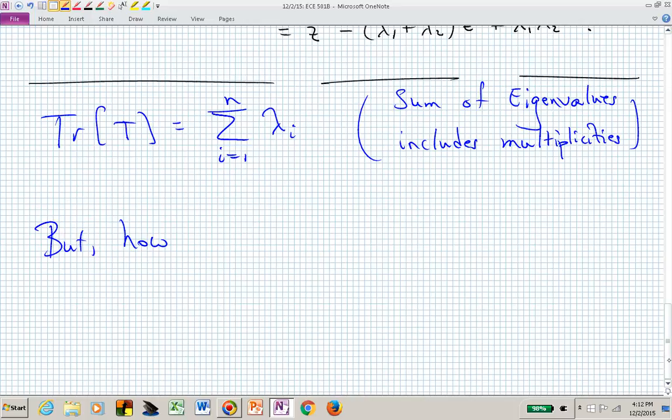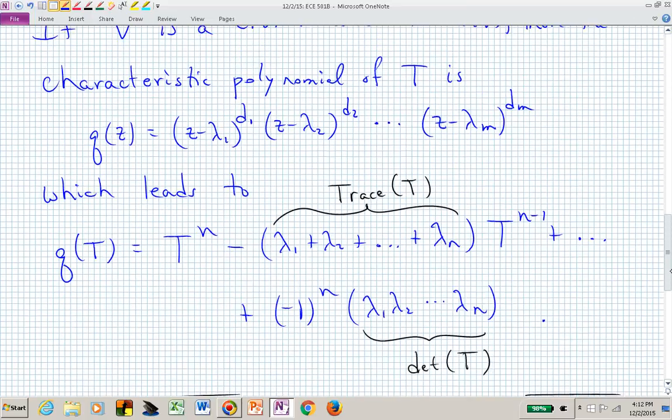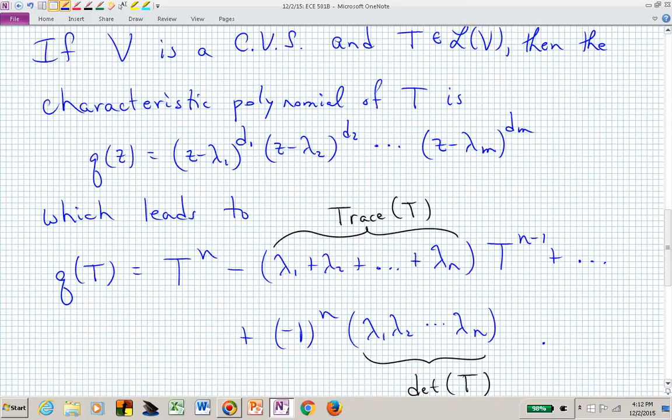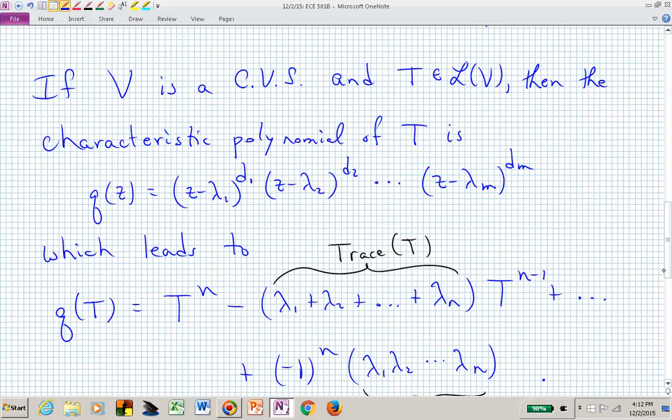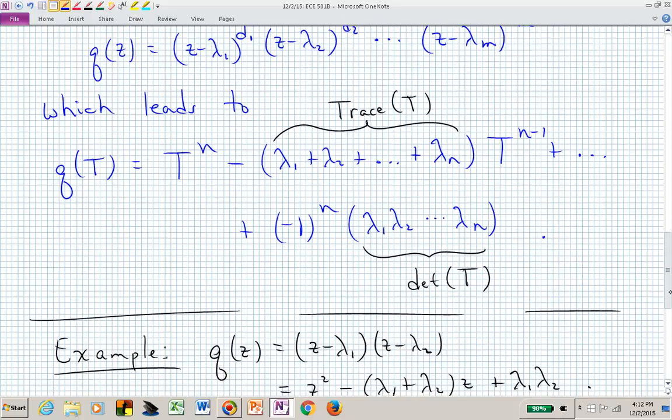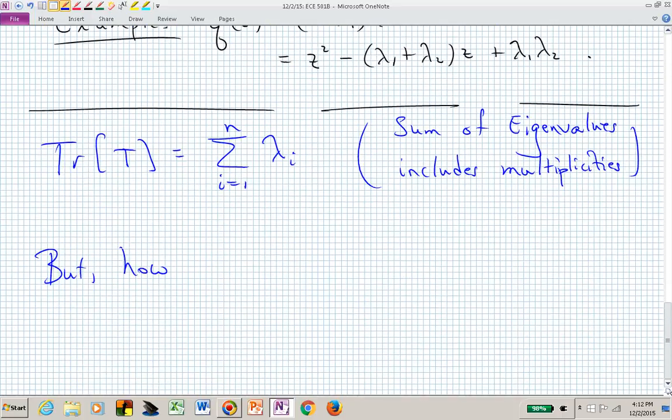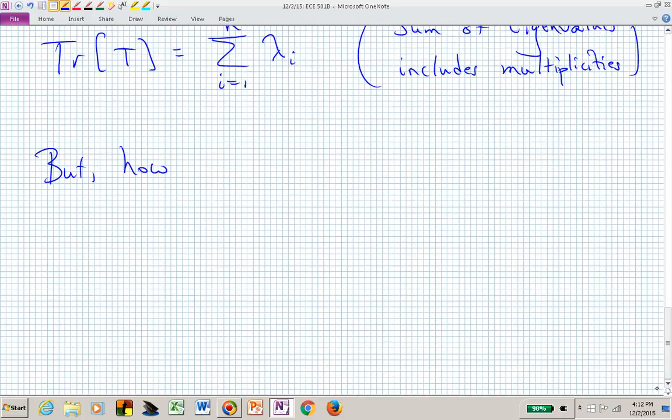Yes, so you could find the characteristic polynomial and then pull off the n minus 1 power of the z, and that coefficient would be the trace of T with the negative sign factored out. But that's a little tedious also. There's actually a quicker way to compute the trace, and if you've had a linear algebra class, you know what that is.